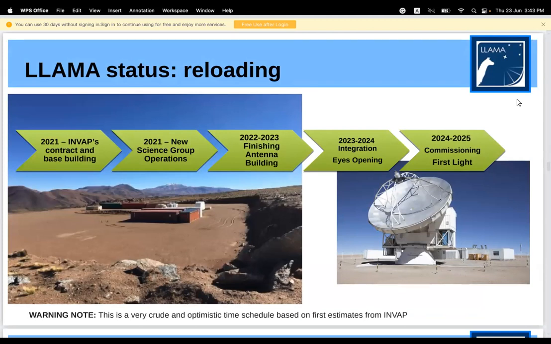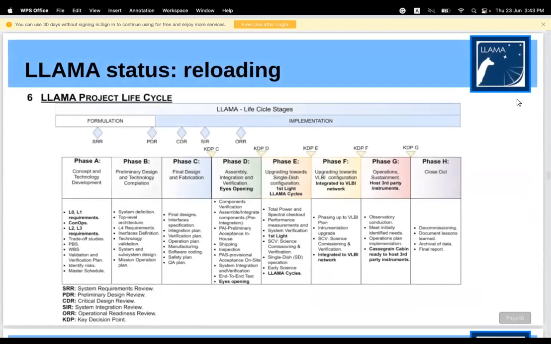This is a very rough estimate, but this is the plan that INVAP has in mind. At least this was a couple of months ago, and I think we are not very much delayed from this plan.